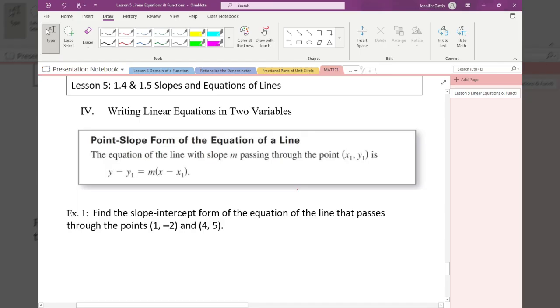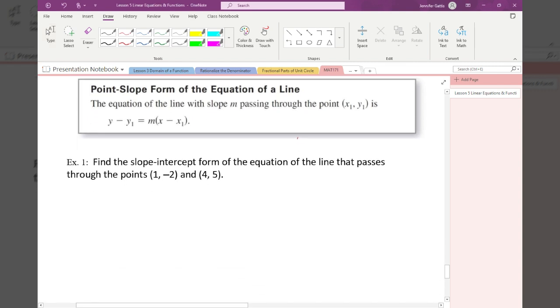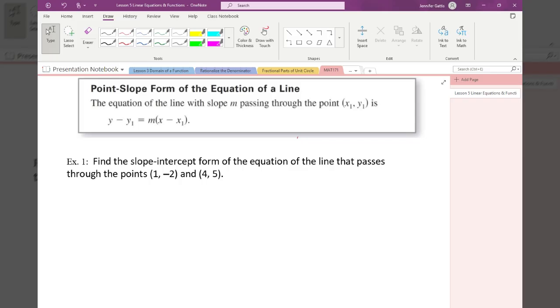And pro tip here, it does not matter which point you choose as x1, y1. Yeah, it does not matter. So let's take a look at what that looks like.